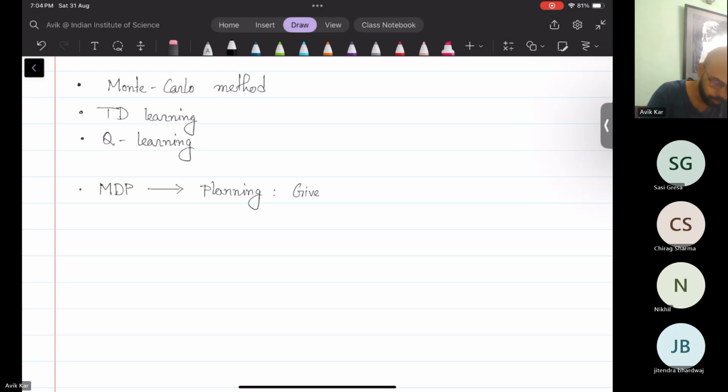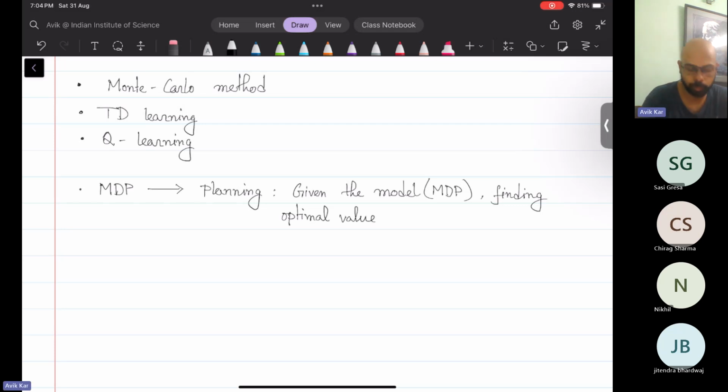Given the model, or model is another name for the MDP itself, finding two things: the optimal value and a policy that attains the optimal value, which we call the optimal policy.